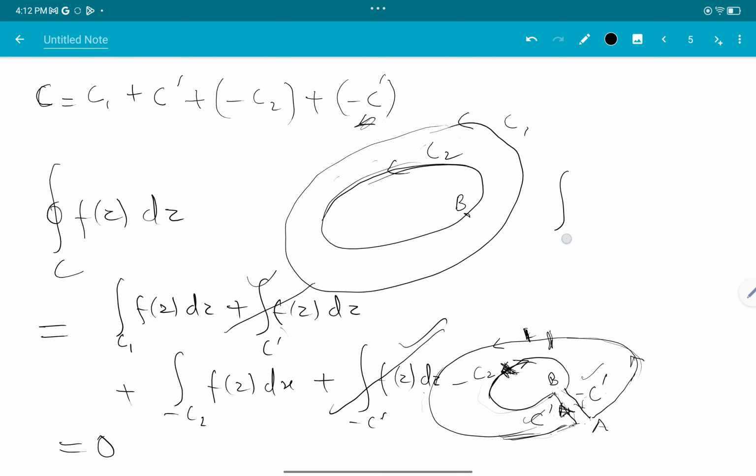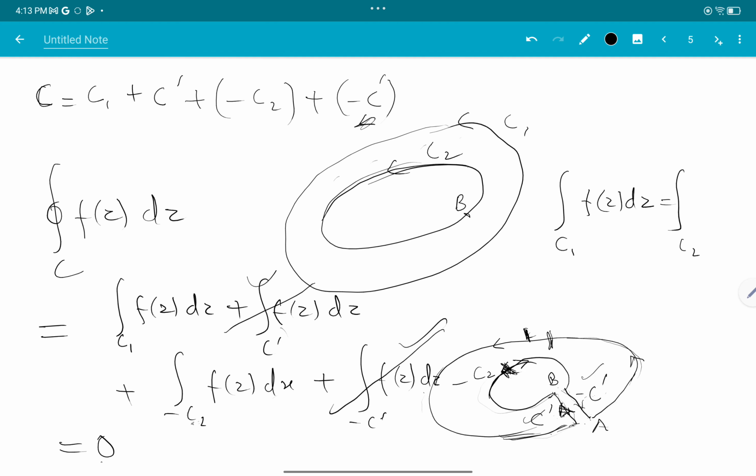The integral over C1 of f(z) dz is equal to the integral over C2, because when you transfer this to the other side, it becomes minus, but then reversing the orientation of the curve will leave another minus.